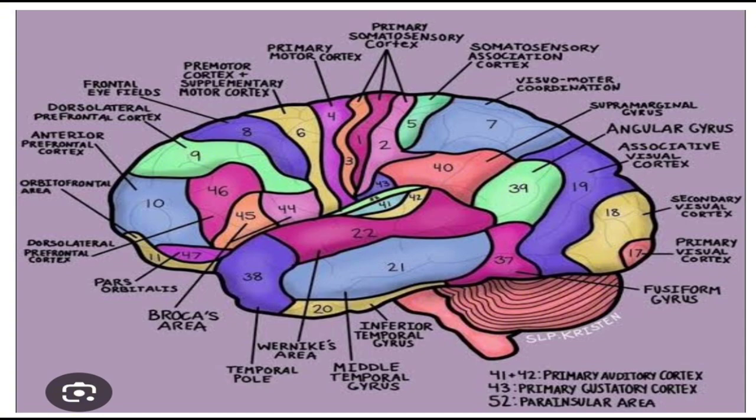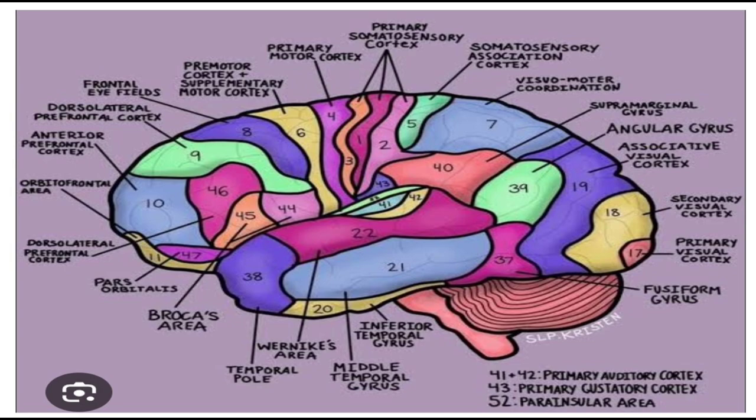You can see here the areas 3, 1 and 2, the primary somatosensory cortex. It's present in the postcentral gyrus, and from here about one third of the tract originates. It's the area present in the parietal lobe.